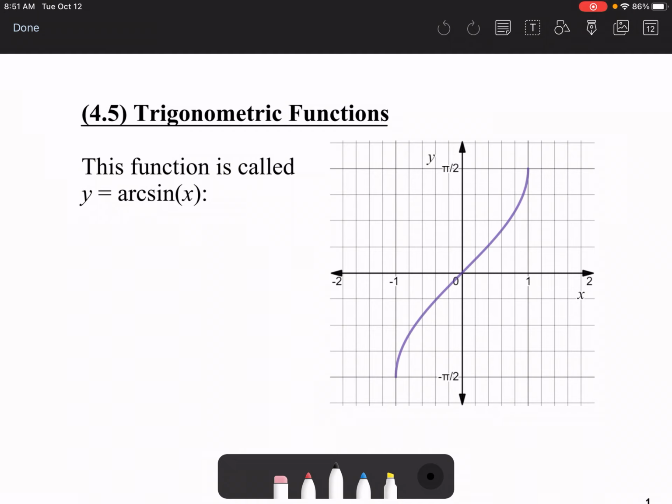The relation x equals sine y isn't actually a function. Y equals arc sine x, also written y equals sine inverse of x, is a function and is given by this drawing right here.